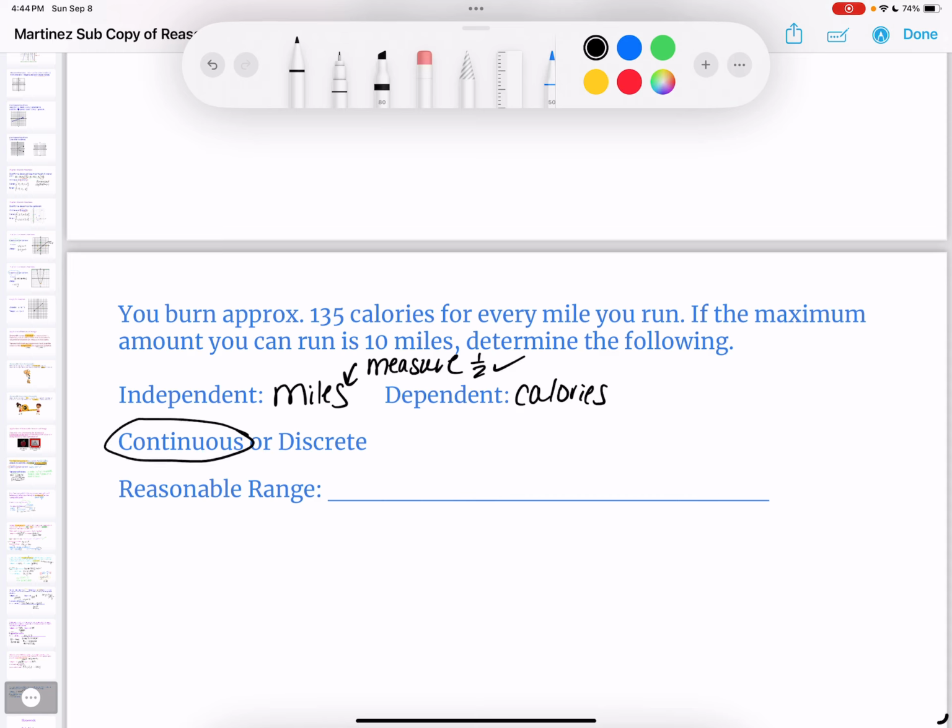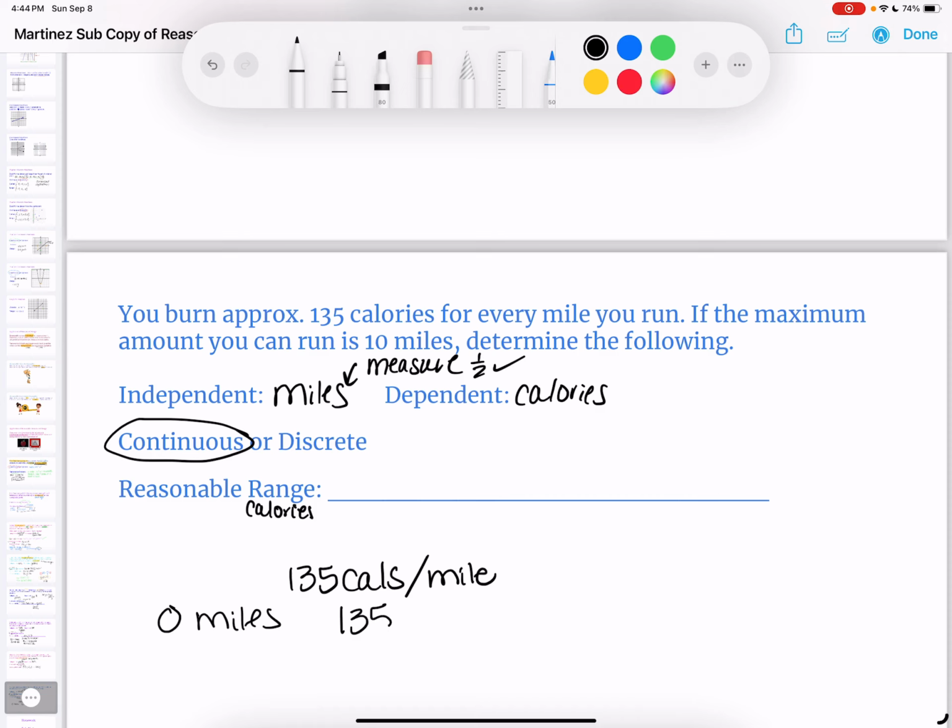Okay? So it says 135 calories for every mile. Okay? So if we run 0 miles, it'd be 135 times 0, which is 0 calories.